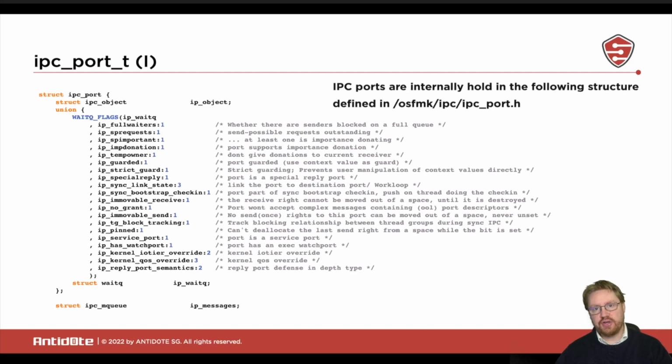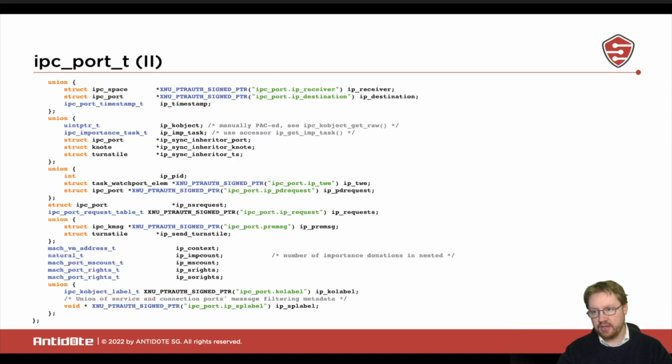So the data structure has quite many fields in it. As you can see here, this is the first part of it. It's quite a complicated data structure with a lot of flags these days. Important here, for example, is that we have more information about the port in the first ipc_object field, and then each port has a message queue for receiving multiple messages.